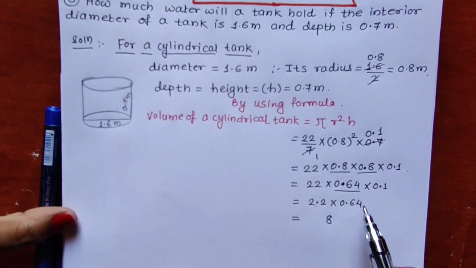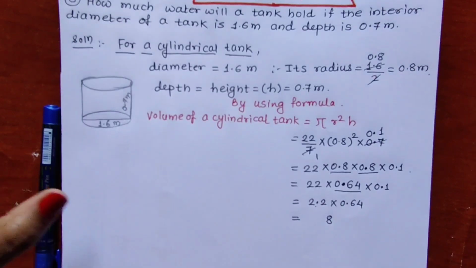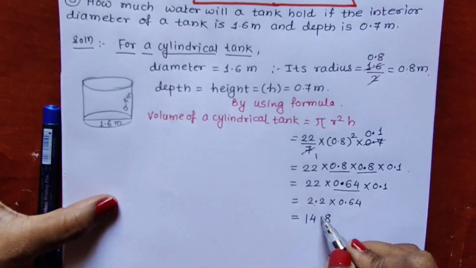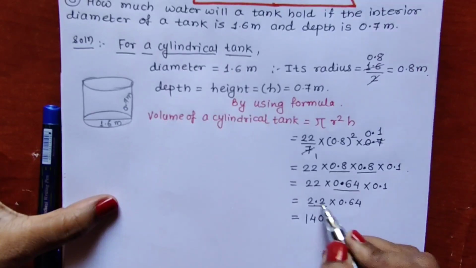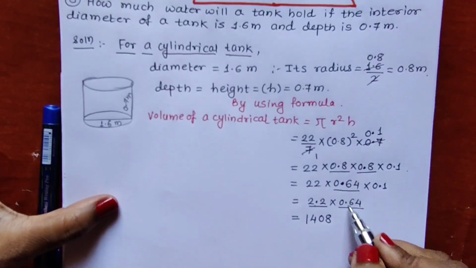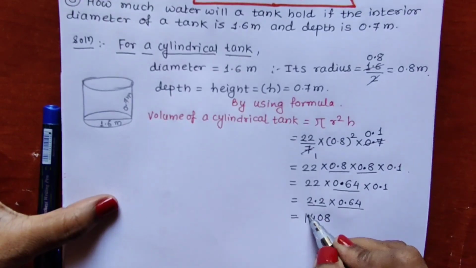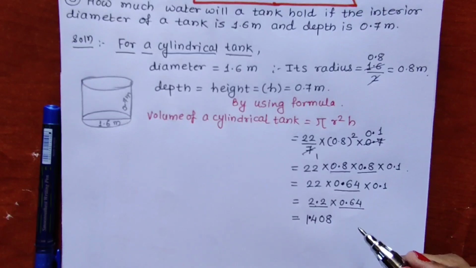Then 22 6s are 132, and 132 plus 8 carrying is 140. In this number after the decimal point 1 digit is there. In this number after the decimal point there are 2 digits. So in the answer there should be 3 digits after the decimal point. 1.408 should be the answer.